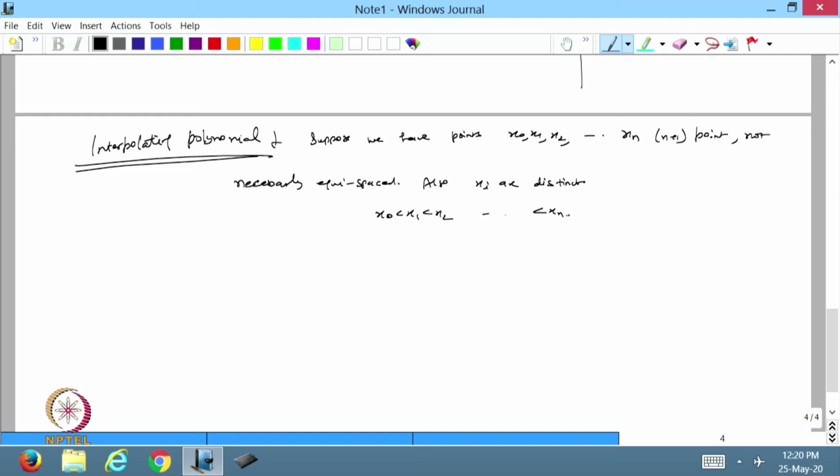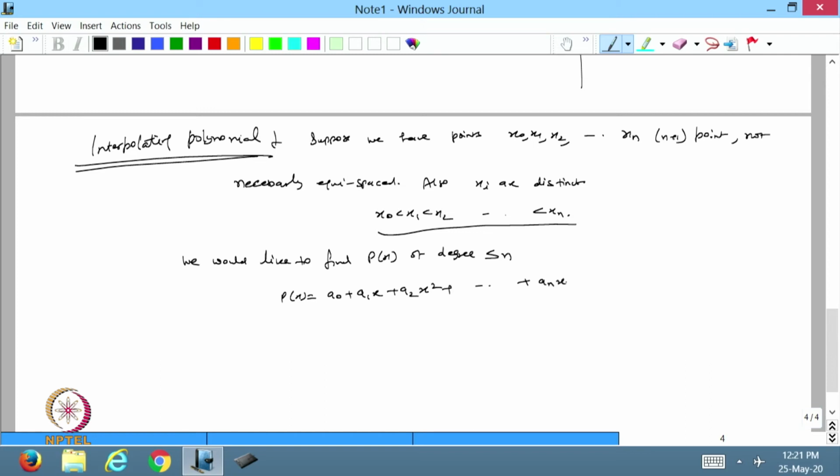So all are distinct. Now, I know that if these are n plus 1 points, then we can approximate an nth degree interpolating polynomial passing through all these points. So we would like to find P(x), the interpolating polynomial of degree less than or equal to n. So my P(x) can be written as a0 plus a1x plus a2x square up to an x^n.